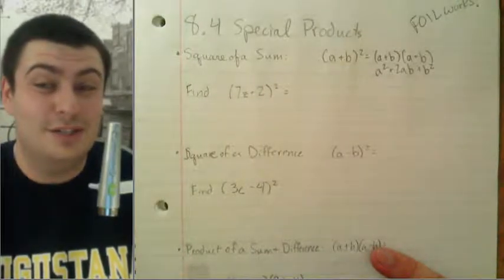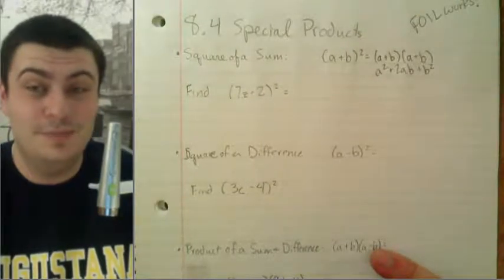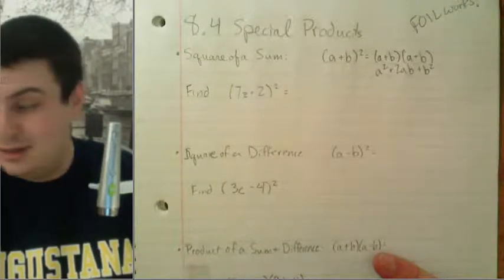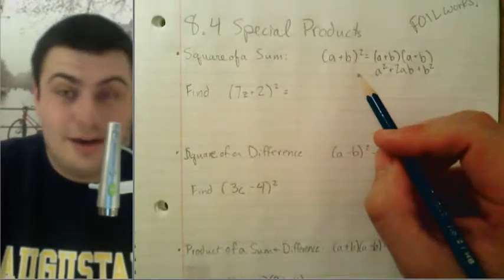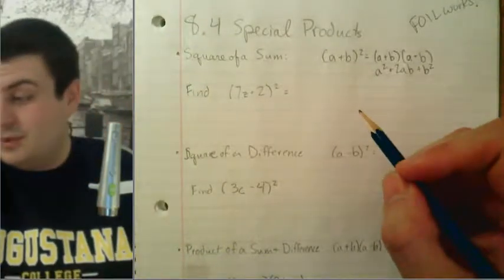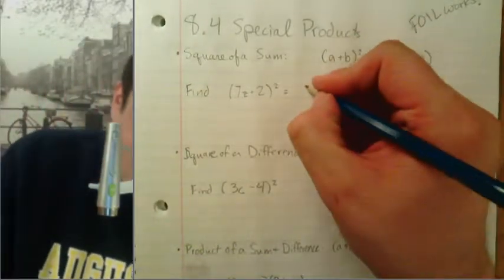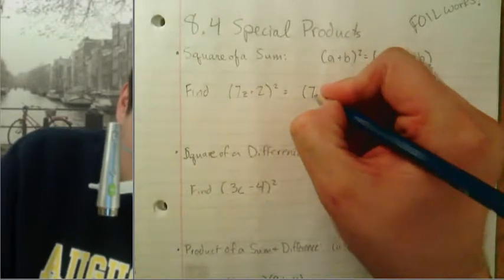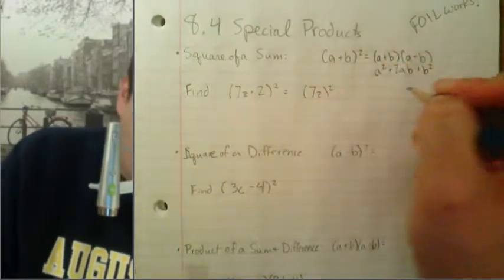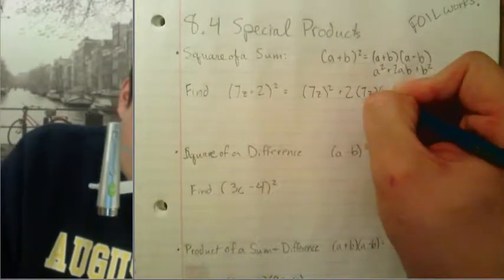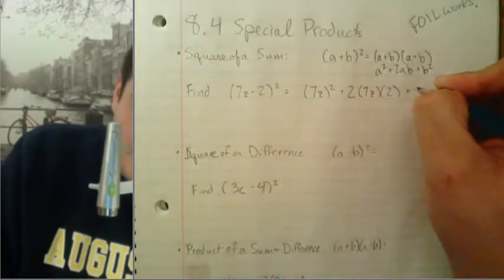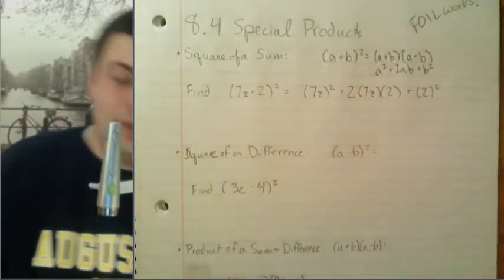So if we have (7z plus 2) quantity squared, we're going to notice that this is like saying 7z squared plus 2 times 7z times 2 plus 2 squared.